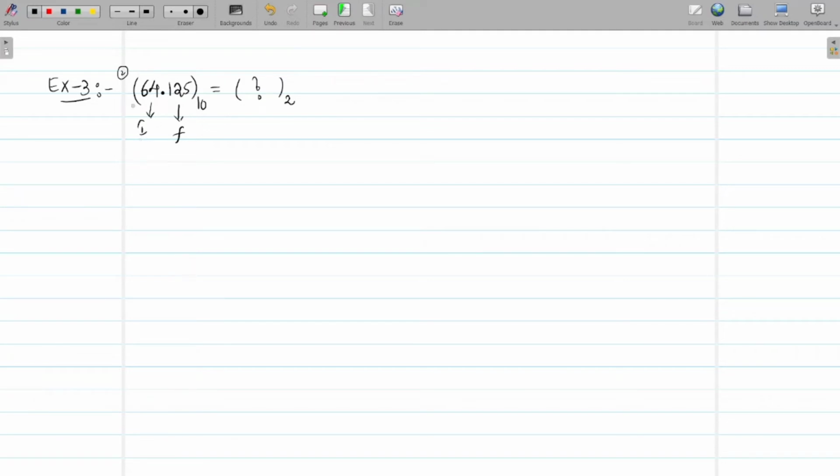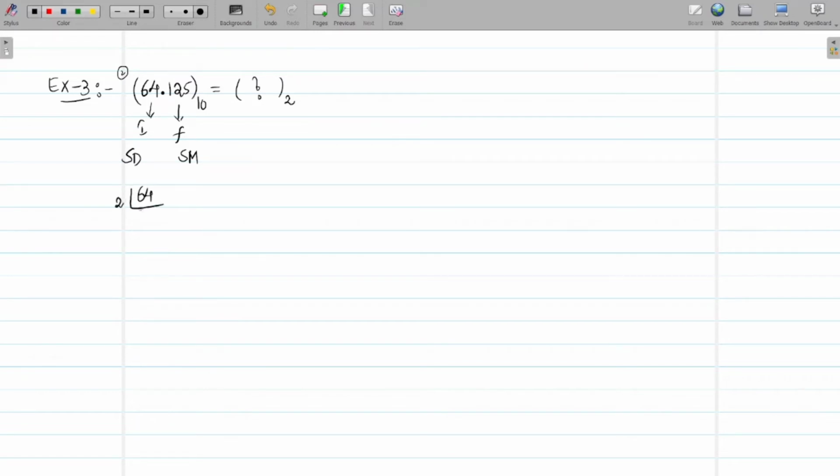Integral part is converted using successive division method. Fractional part is converted using successive multiplication method. We have already seen what is meant by successive division method in the previous problem.